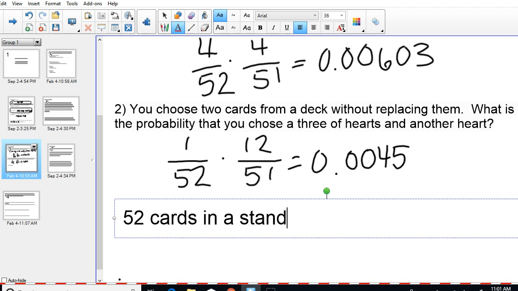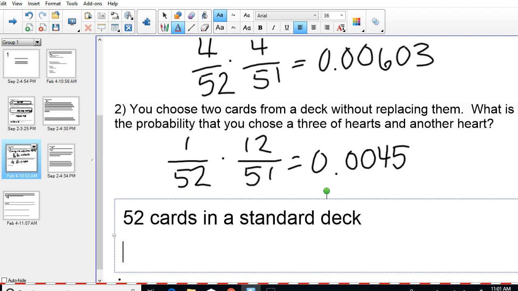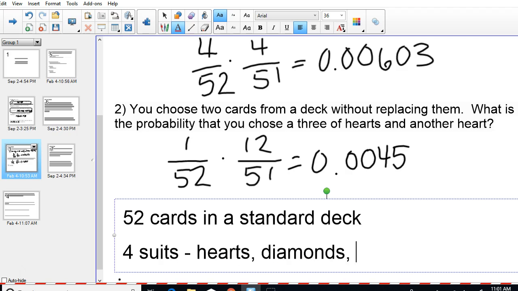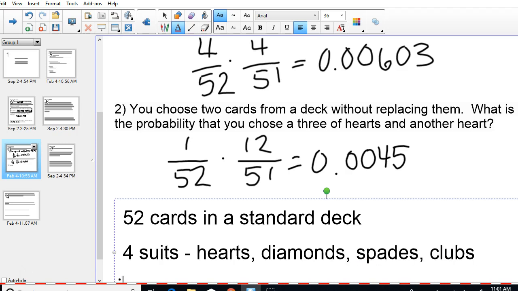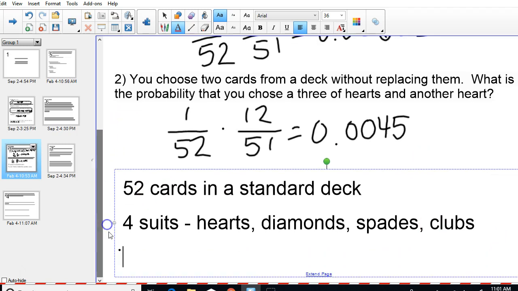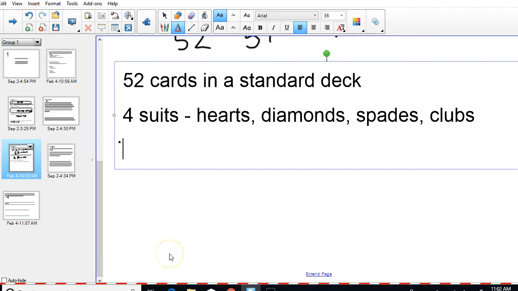In a standard deck, you have 4 suits, which are hearts, diamonds, spades, and clubs. If you already know it, you don't have to write it down. Okay. We're writing this down for all of you out there that are not card sharks.